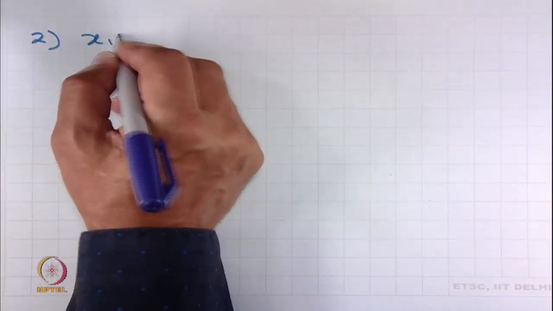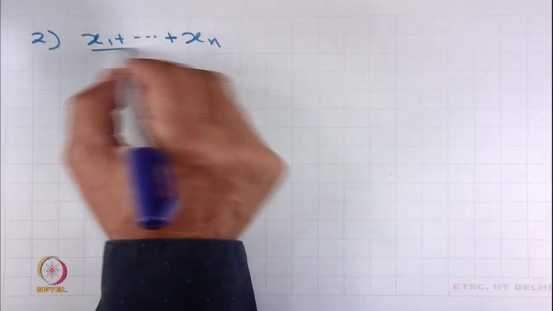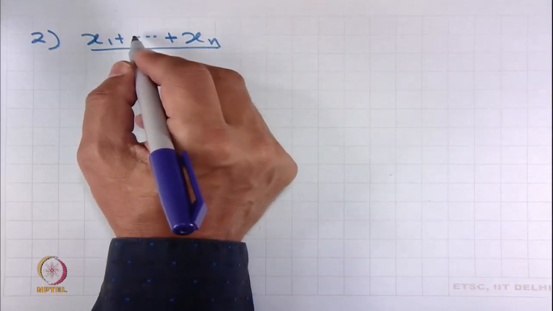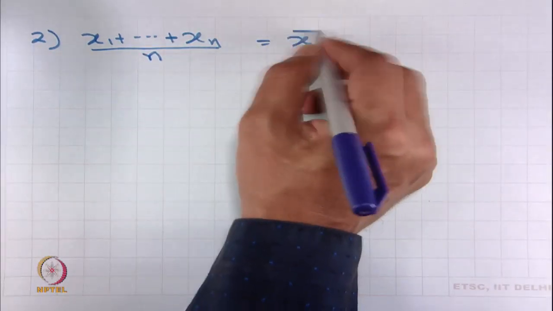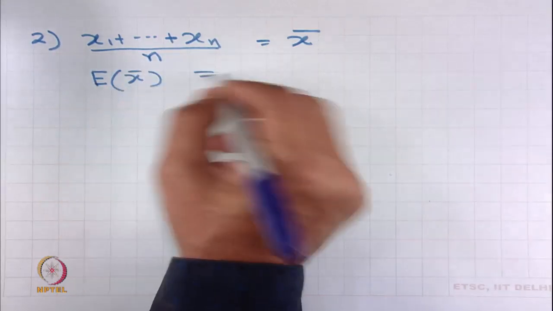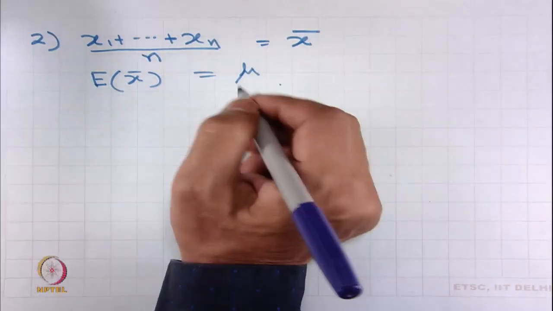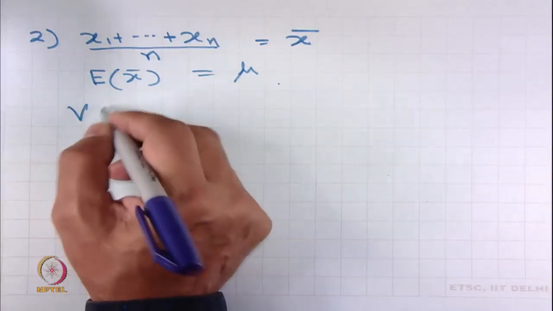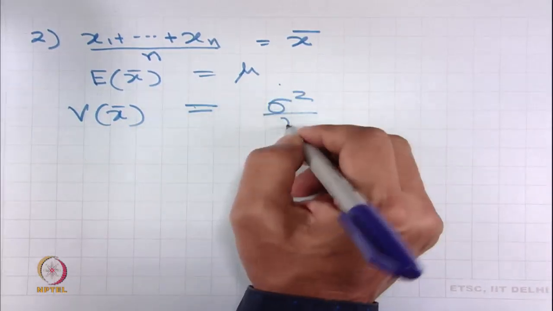The second example was x 1 plus x 2 plus up to x n by n, which is equal to x bar. The expected value of x bar is equal to mu. Therefore, the first condition is automatically satisfied. The variance of x bar, we know, is equal to sigma square by n.